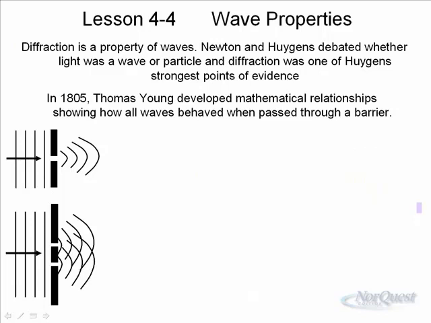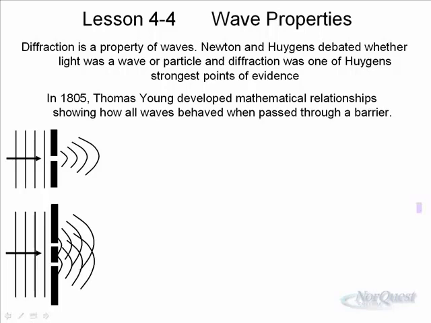One of the things that Young used was the evidence of diffraction. Since diffraction could only be a wave property, he was able to show in 1805 that light showed diffraction properties, and therefore light must be a wave. One of the things that Newton had argued was that light was some kind of particle.